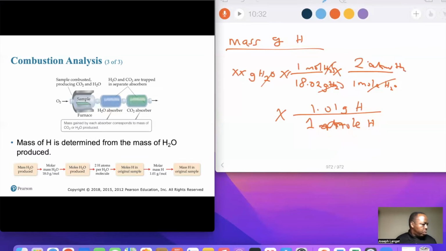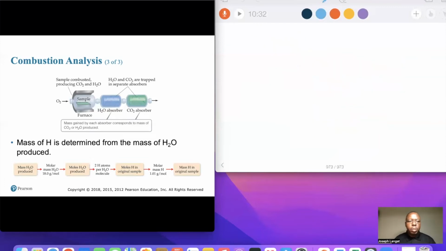I want to solve one example on combustion analysis so that you have an idea of how to use combustion analysis to find the empirical formula for a compound. So here, let's say caproic acid. I'm just going to make up an example here.